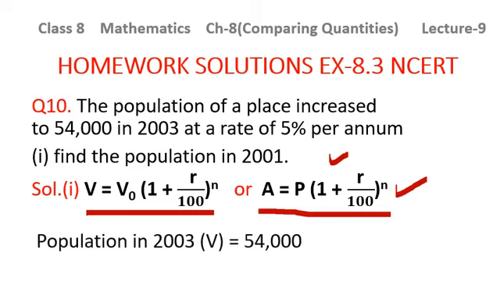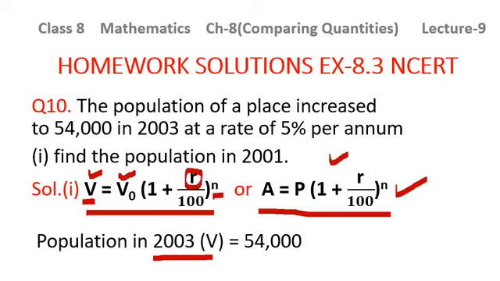Here we are supposed to find the population in 2001, and the population in 2003 is given to you. Dear children, I told you in the previous lecture that this value is the value after n years. So this is your population in 2003, this is your population in 2001, and the rate R is given to you.